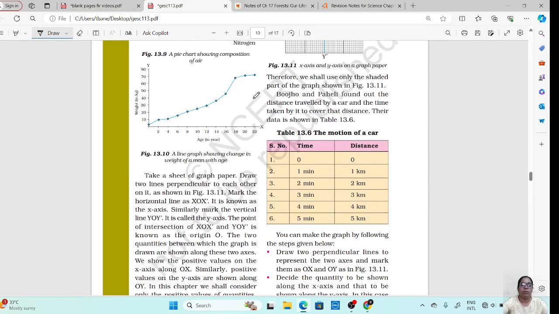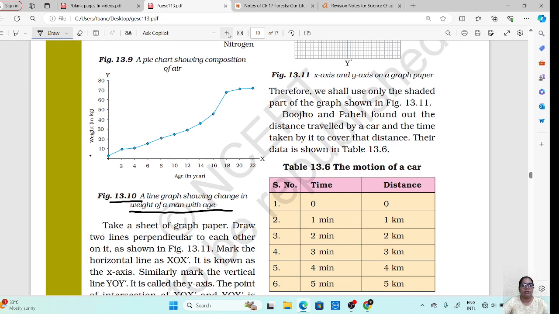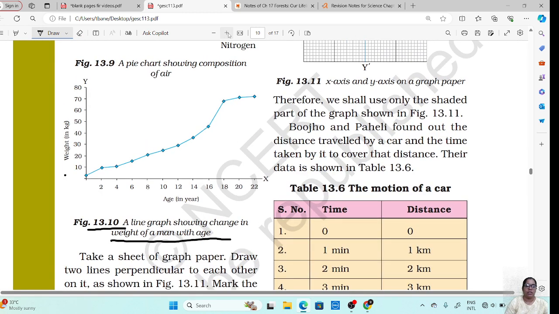Then the second type of graph is a line graph. Figure 13.10 represents the line graph showing changes in weight of a man with age. Here again the y-axis represents what? The weight.